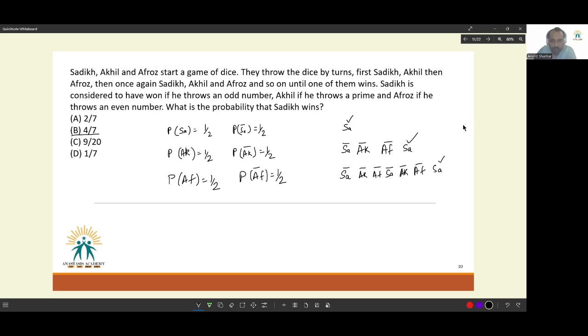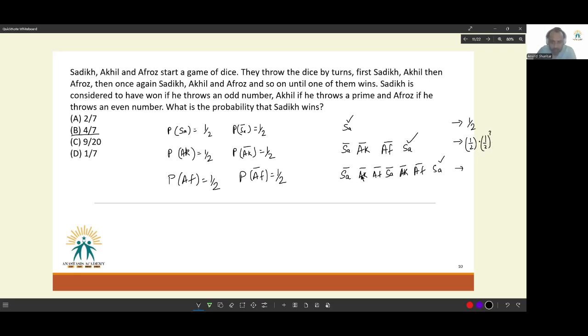The probability of this first line of event happening is simply half. The probability of this second line of event happening, half into half into half into half, is 1/2 into (1/2) raised to the power 3.